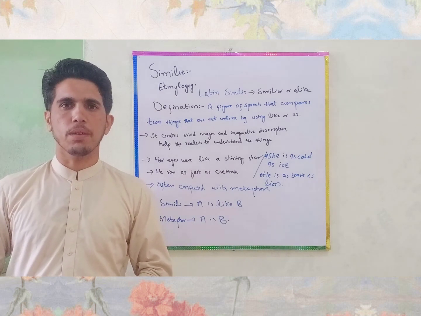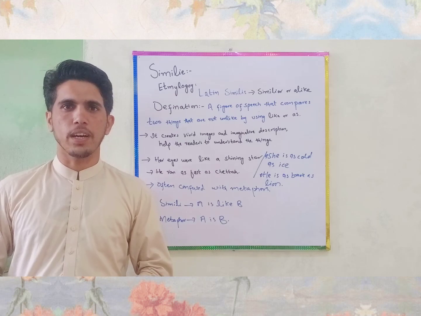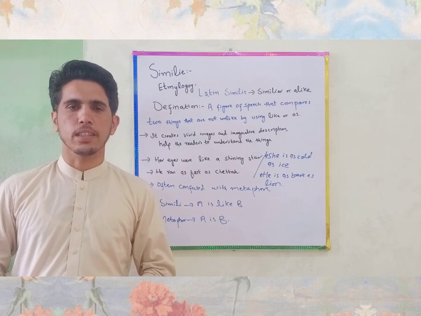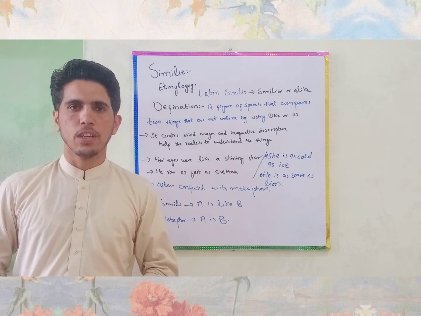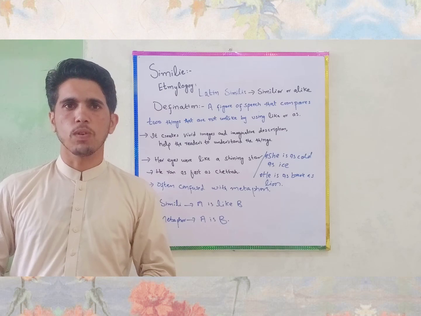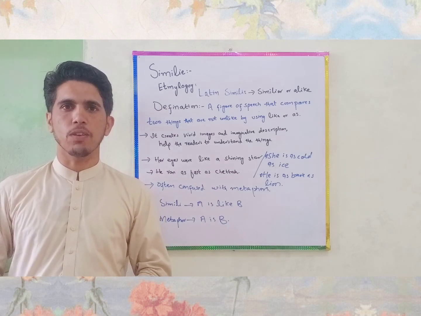What is the definition of simile? Simile is a literary figure or figurative device that compares two unlike things by the use of connectors or words, as or like. So it is a type of analogy.